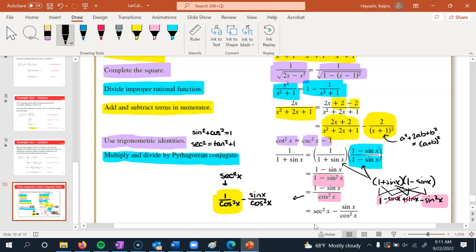Then the sine over cosine squared would be a u substitution with u equals cosine and du equals negative sine. So it would end up being 1 over u squared du, which you would integrate using the power rule.